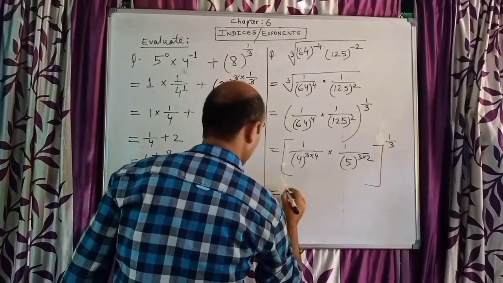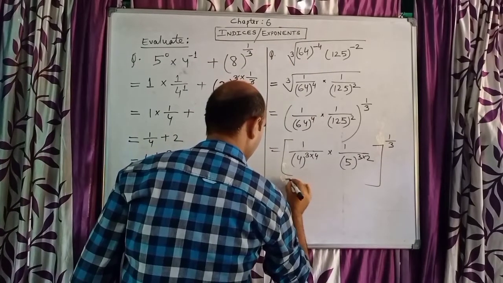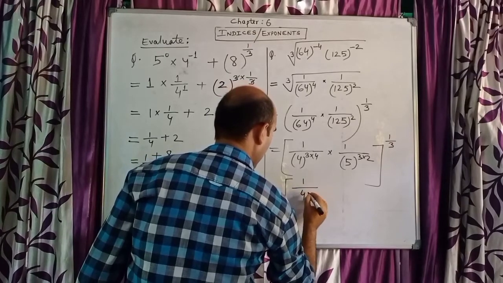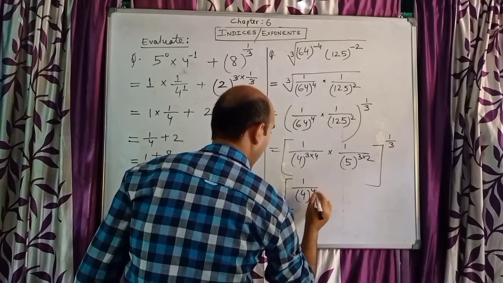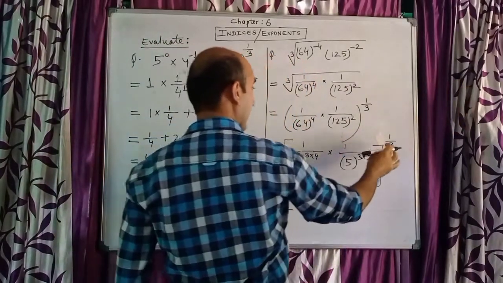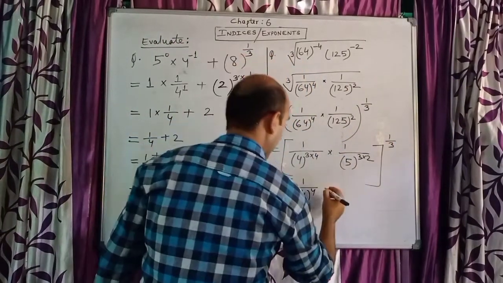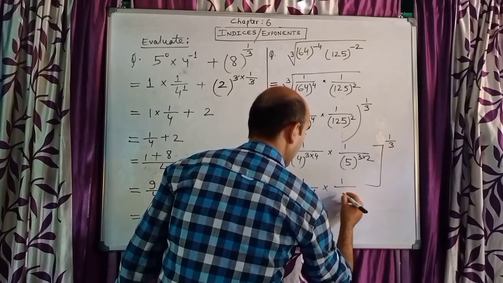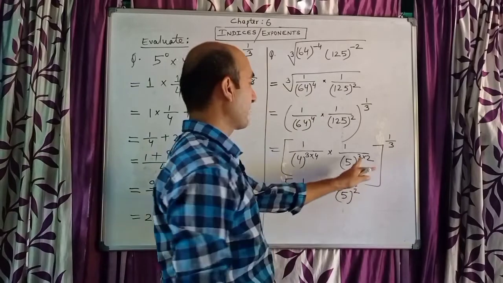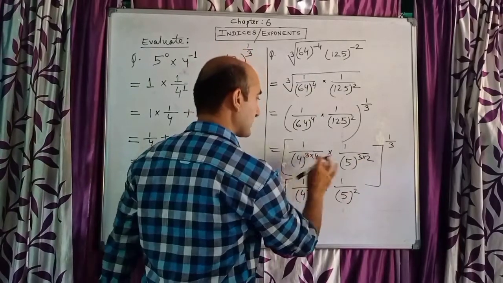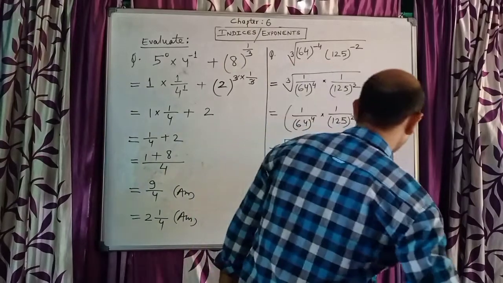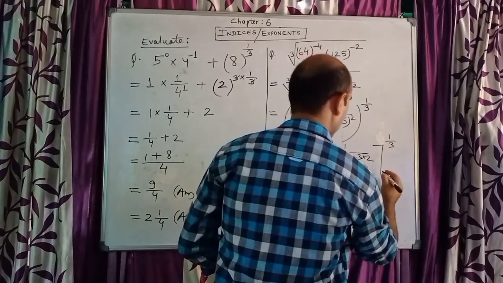So my next duty will be, I will write 1 by 4 power 4. That means I am not writing this 3; I will take this 3 outside to cancel with this 3. And here also I will write only 1 by 5 square. So both the 3 will come common and come outside as a power.